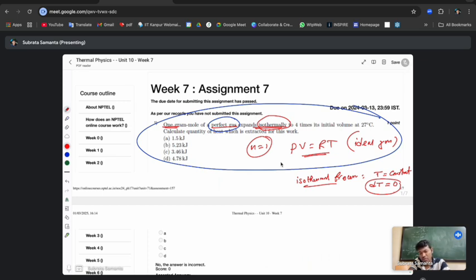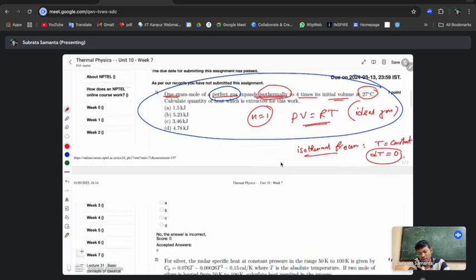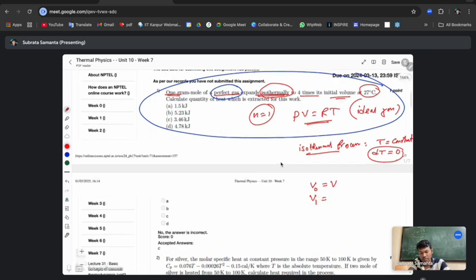The gas isothermally expands 4 times its initial volume at 27 degrees centigrade. Let the initial volume V naught equal V, and V1 equal 4V, four times. So it goes from V naught to V1 at 27 degrees centigrade.